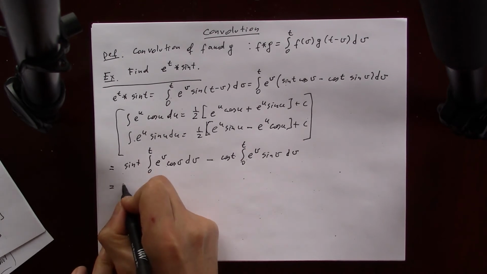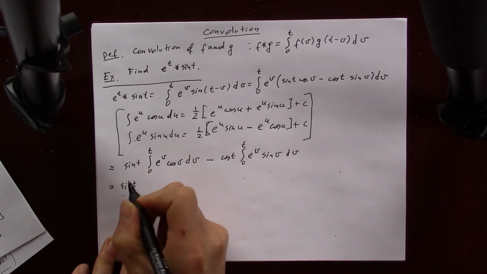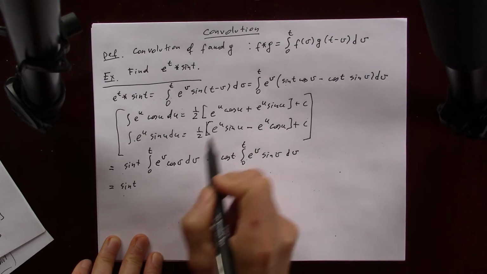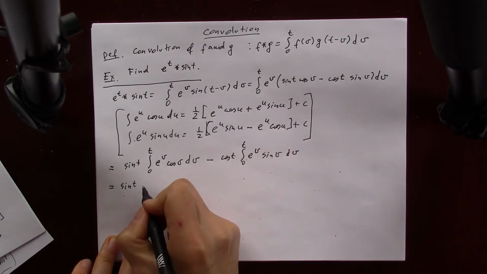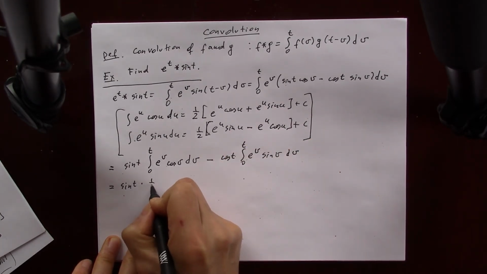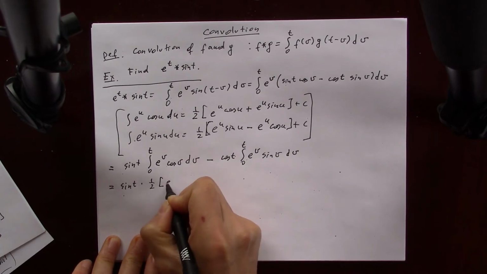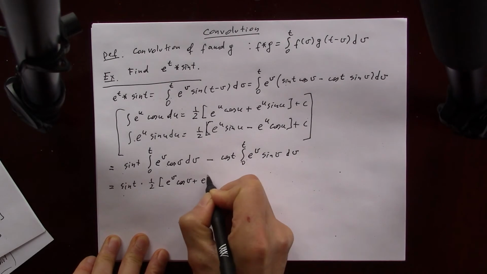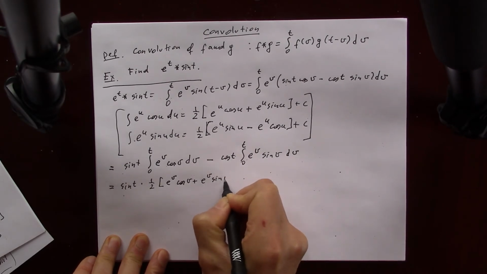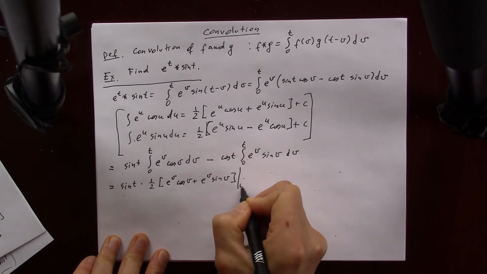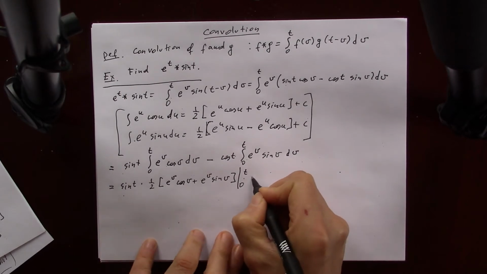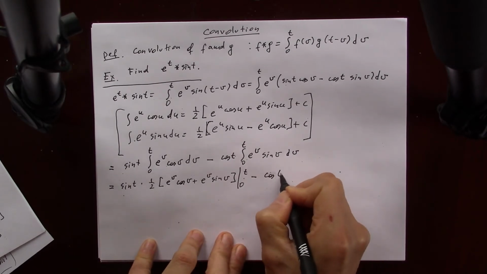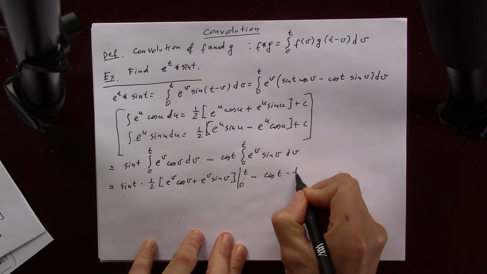Now we're going to get sine t. Using the formula for the cosine integral, we get times 1/2 (e to the v cosine v plus e to the v sine v), and v is changing from 0 to t, minus cosine t times 1/2.